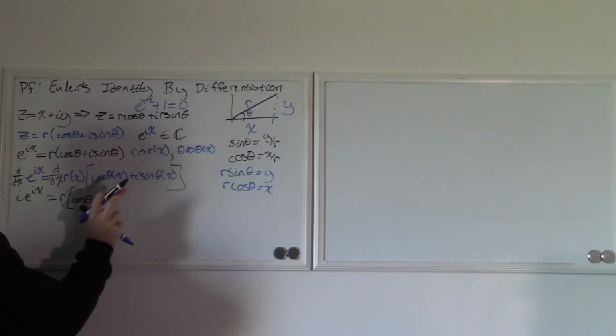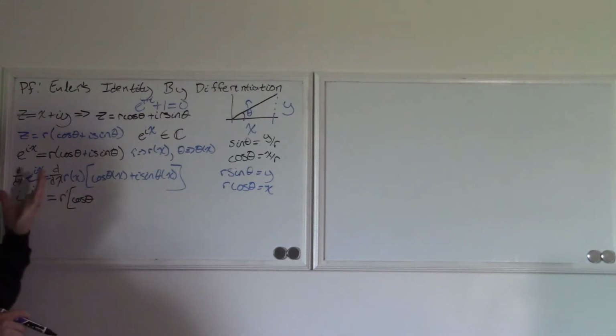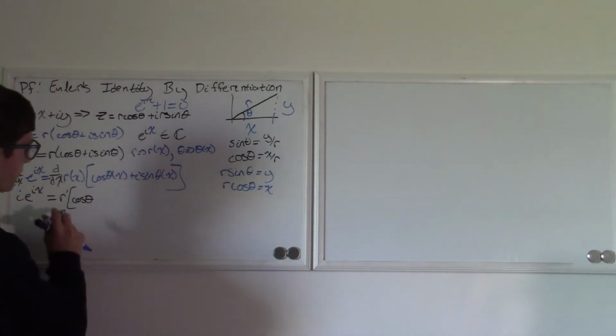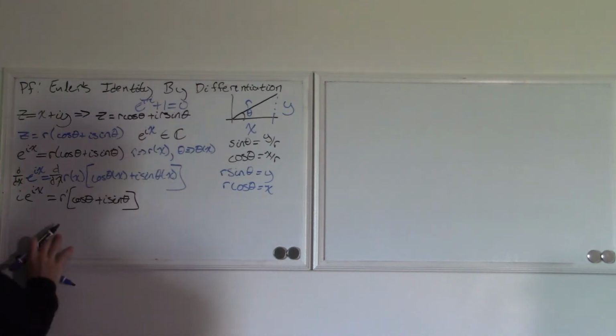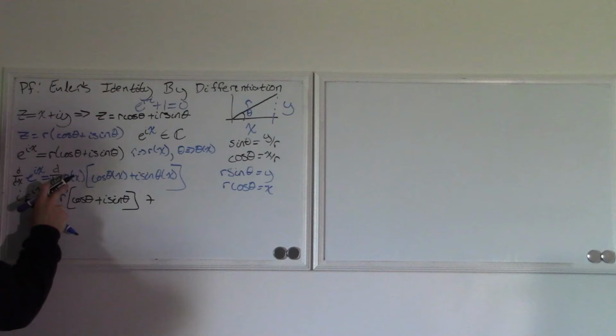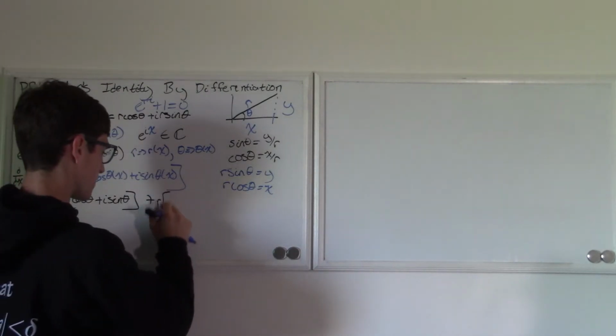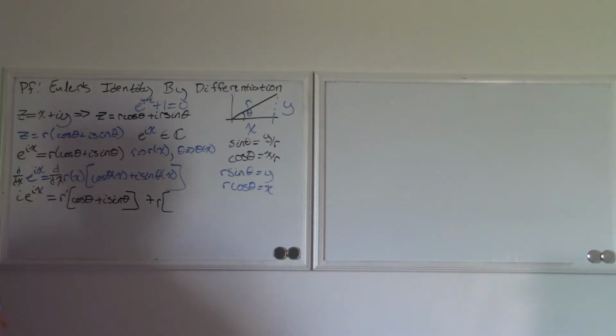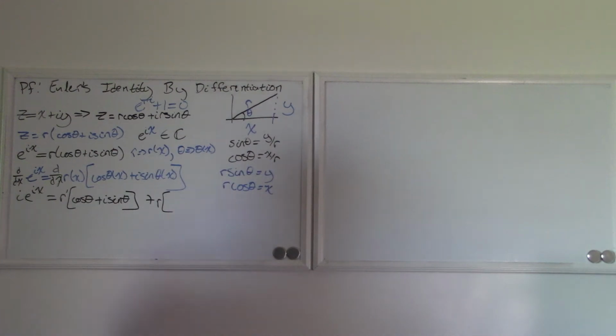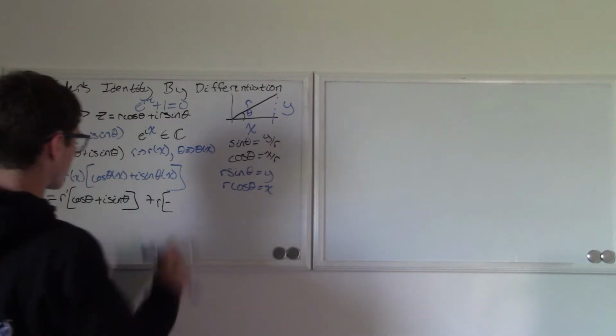Cosine theta. I'm not even going to write the of x, to save space. It doesn't really matter if we write r, theta, or r prime of x, theta prime of x. Plus i sine theta. Then we go plus, and we keep this part the same this time, so it's just r times the derivative of this. For the derivative of this, we have to use the chain rule again. Looking at the first term, cosine theta of x, the derivative of cosine is negative sine, so we put our negative down.